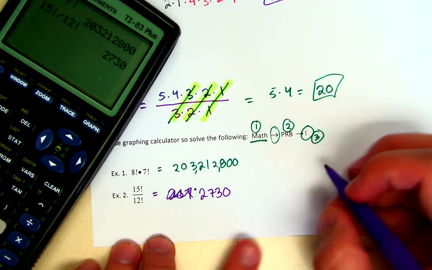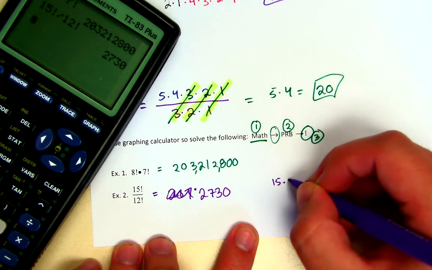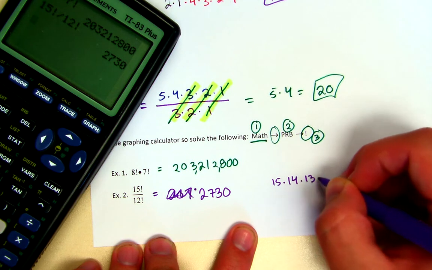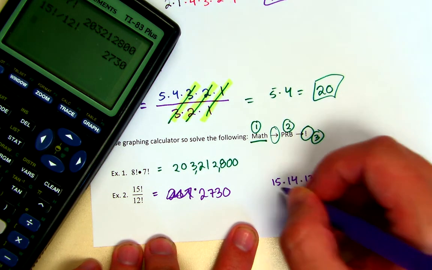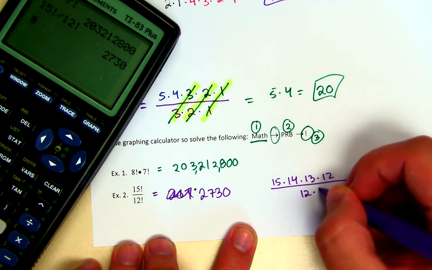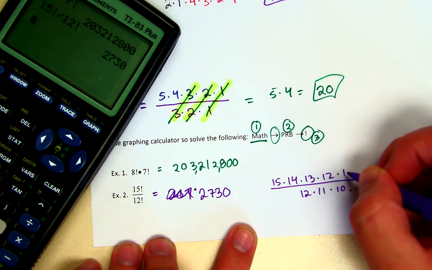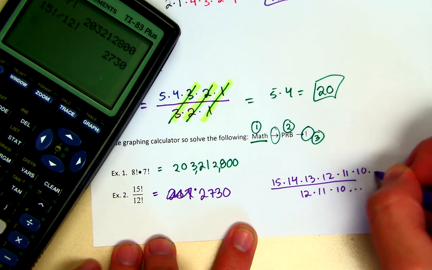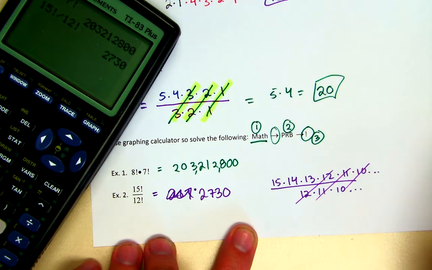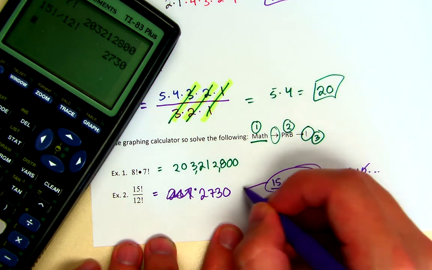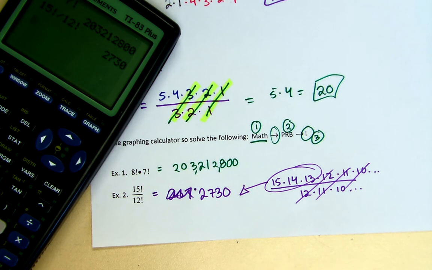Now you could have done this one by hand also. 15 times 14 times 13 times 12. But realize that 12 times 11 times 10 dot dot dot, they start canceling out. So all you would have to do is do 15 times 14 times 13 to get there.